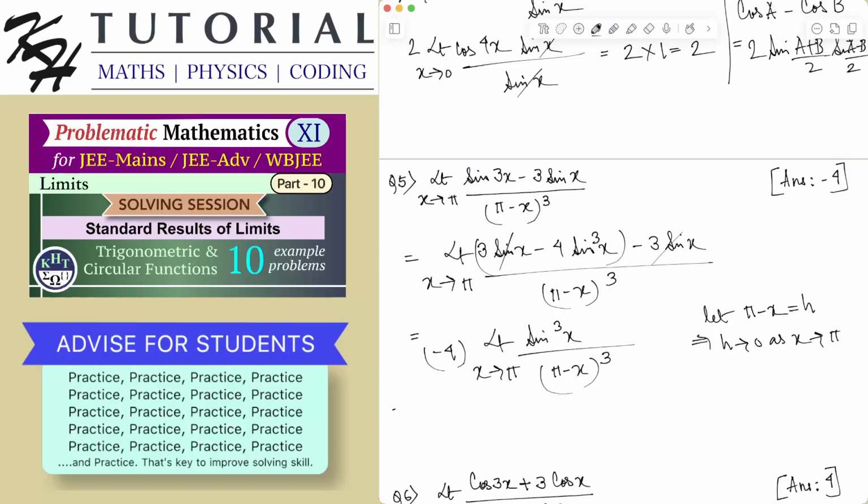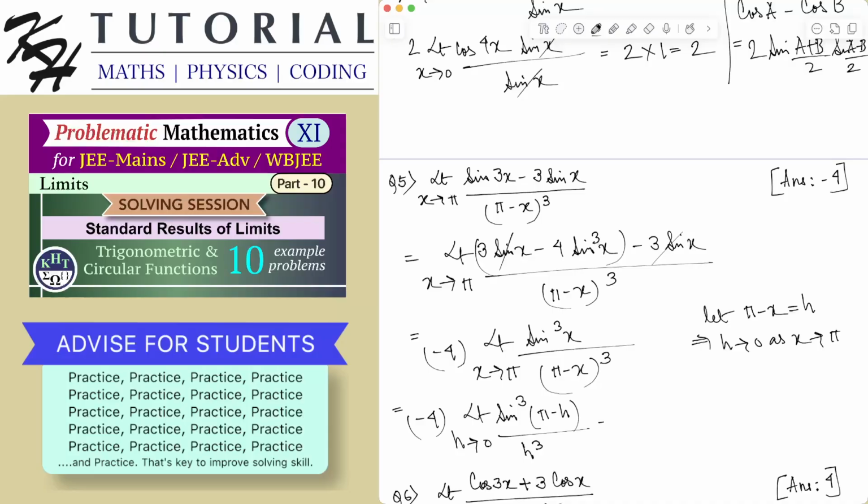Then the limit becomes minus 4 limit h tending to 0 of sin cube x, where x will be pi minus h, divided by h cube.